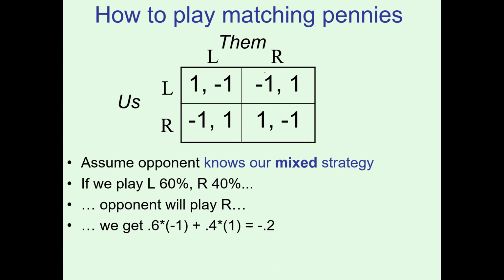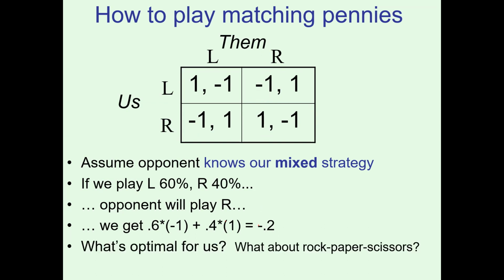So, our payoff there will be 0.6 times -1. This is the payoff. And 0.4 times 1. So, the result would be -0.2.